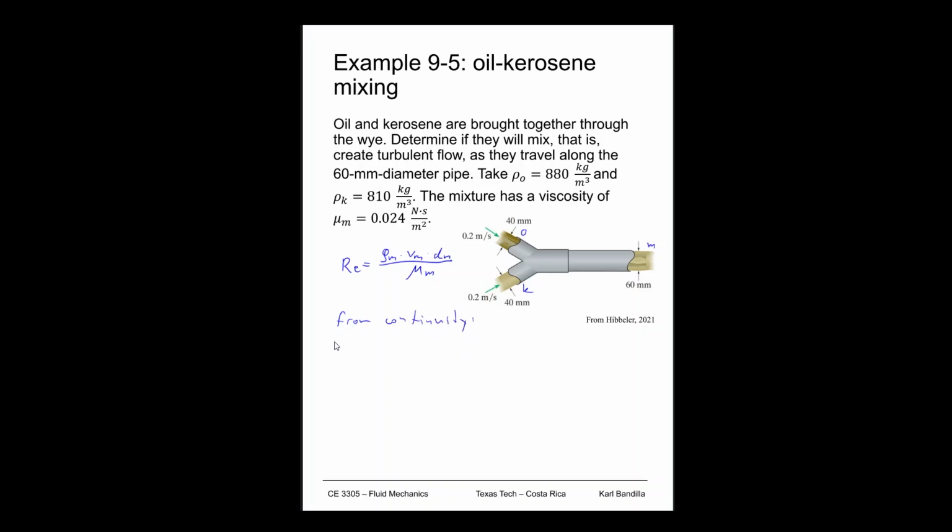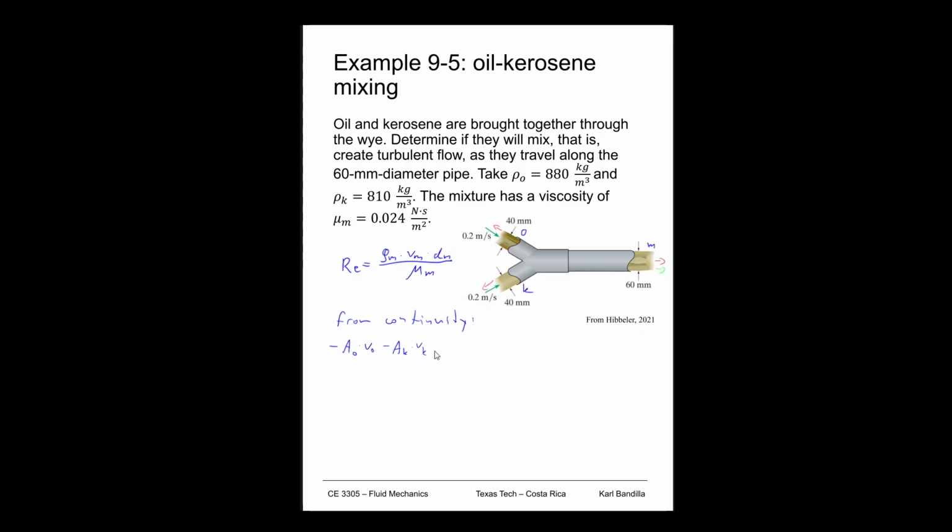From continuity, we can say, well, we have flow going in. That means my A vector is going to point this way, this way, this way, and of course there's going to be flow out here as well. So at our oil location, we have a negative sign because the two vectors are in opposite directions. That'd be A oil times V oil. Same at the kerosene place, A kerosene times V kerosene.